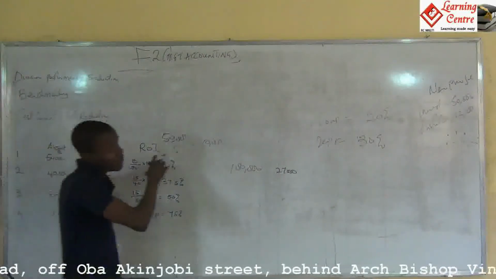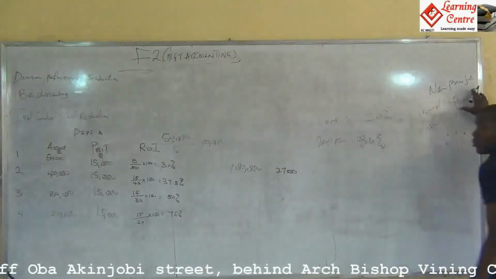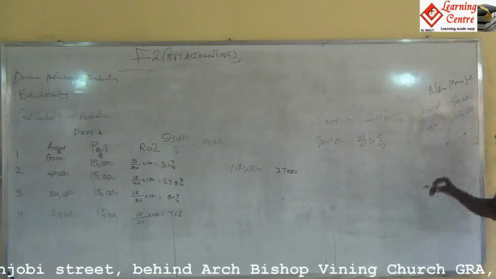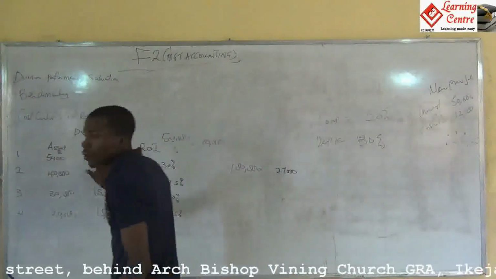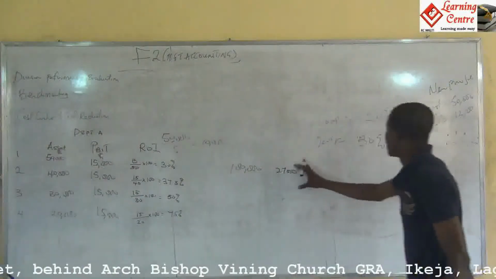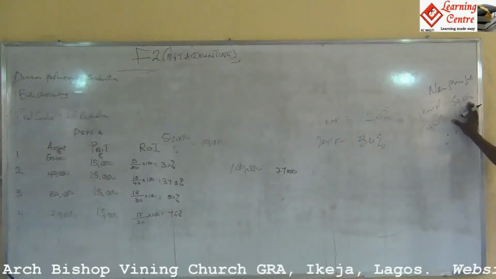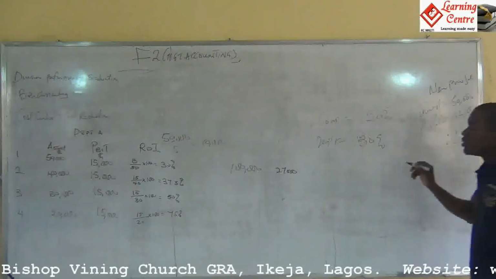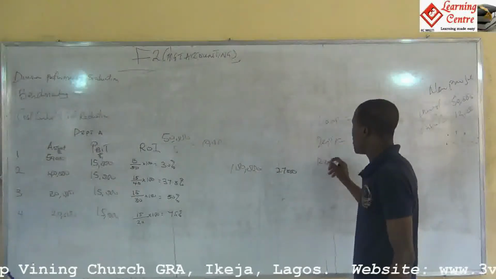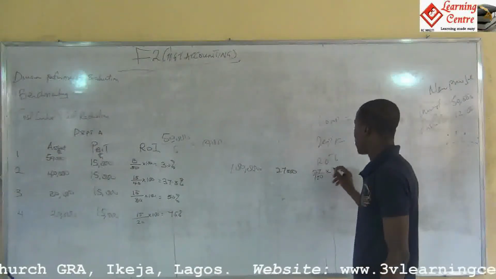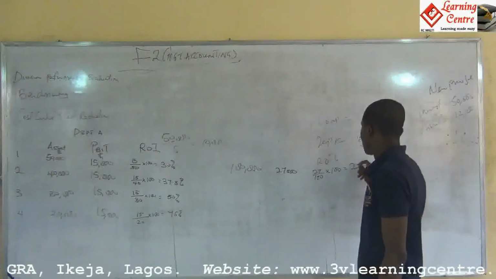That is the additional investment from the new project. The profit will move from 15,000 to 27,000. That is the additional profit from the new project. Now, the new ROI will then be 27 divided by 100 times 100. That's 27%.